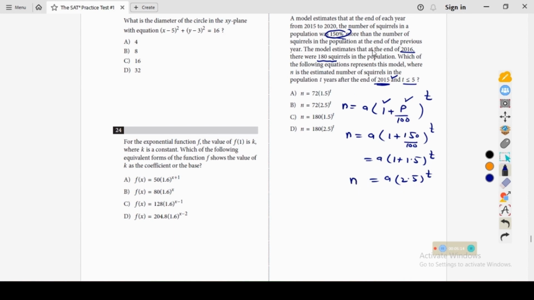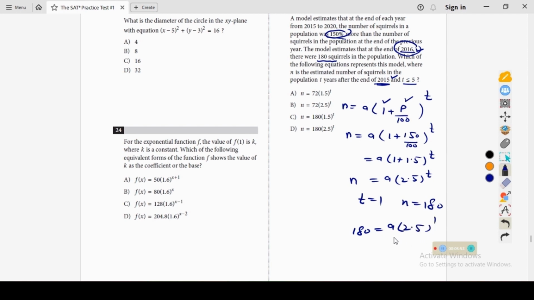Now, at the end of 2016, which means 2016 is the first year, there are 180 squirrels in the population. So when t is 1, the population will be 180 and the value of n is 180. This equation becomes 180 equals a times 2.5 whole raised to the power 1.